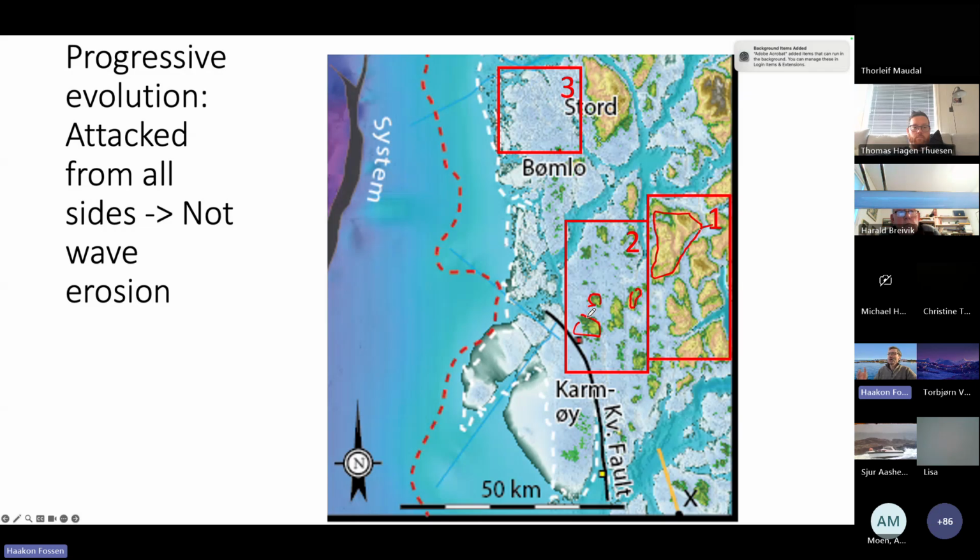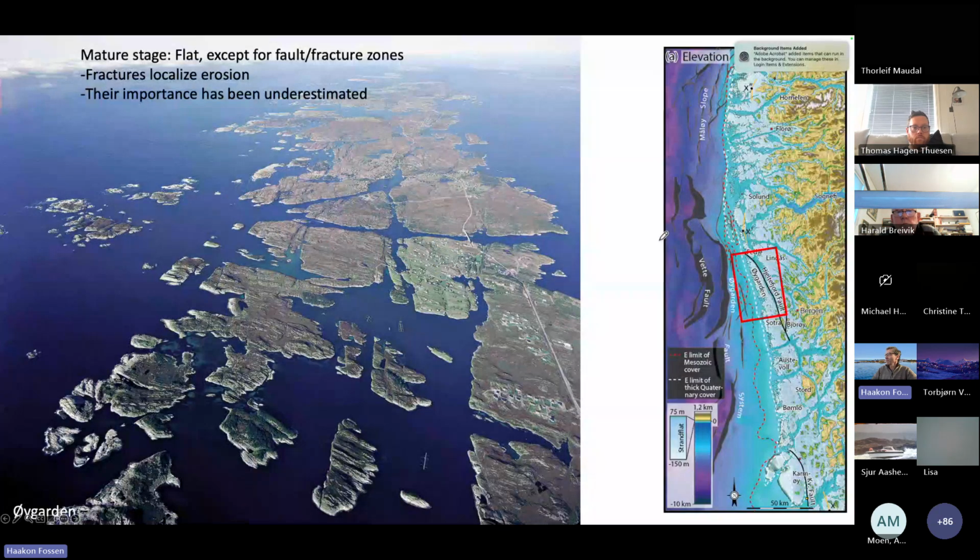And then you end up with something like a plain, for example, that's up here. A plain, very flat. There are no mountains left or big hills left.